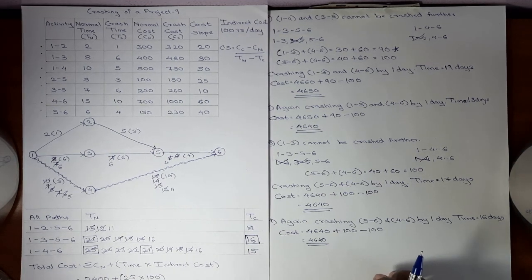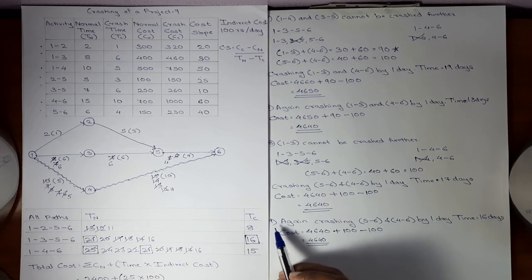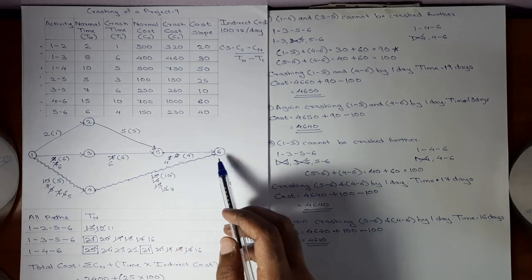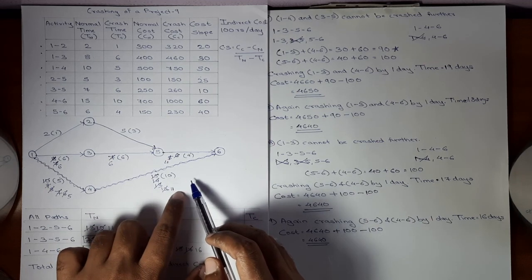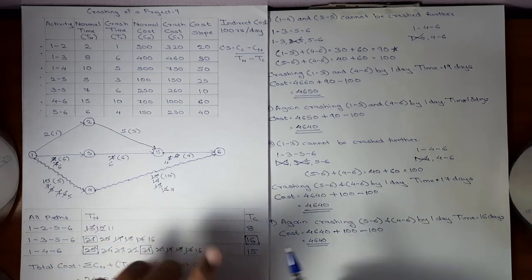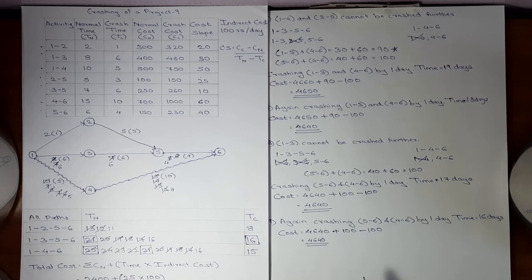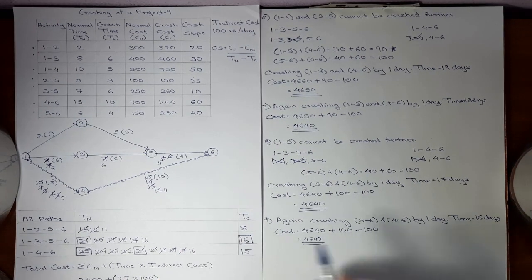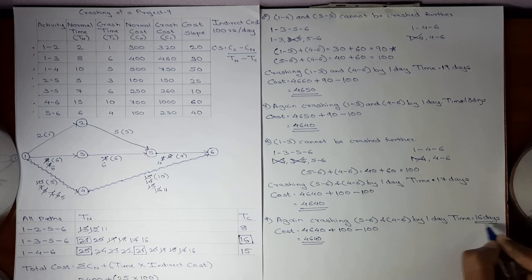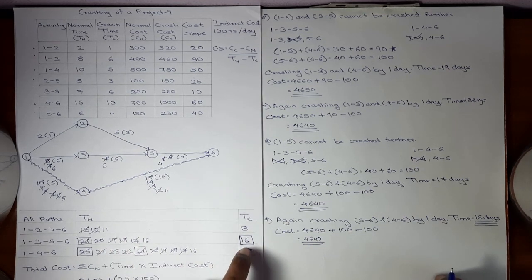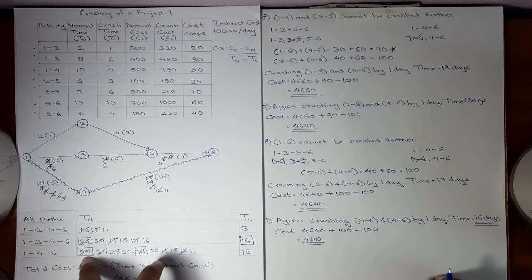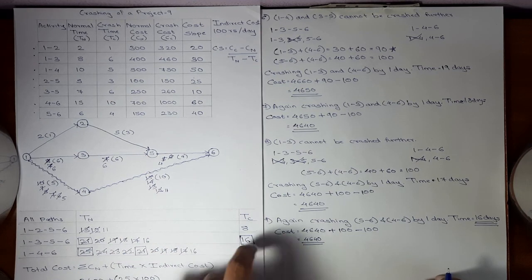Now if you see, after crashing in 9th step, 5 6 is out of the picture. There is still scope for crashing this activity, but we will not crash it. We will stop the crashing process, because in 9th step of crashing we have got the time as 16 days, and from this table we already know that our crashing process will start at 25 days and it will stop at 16 days.